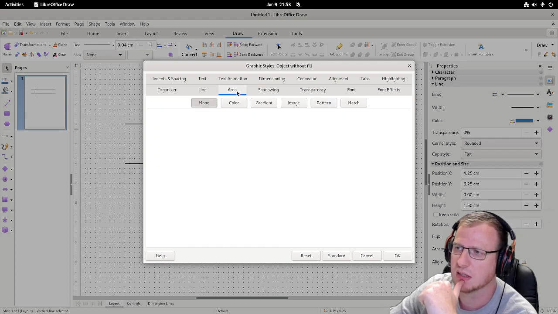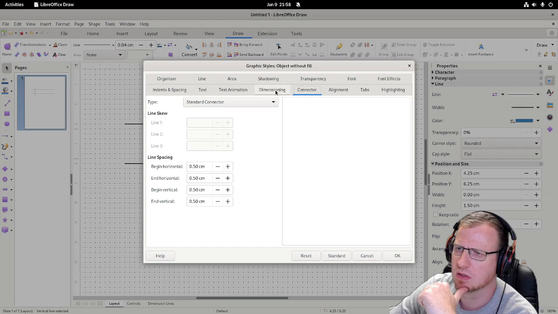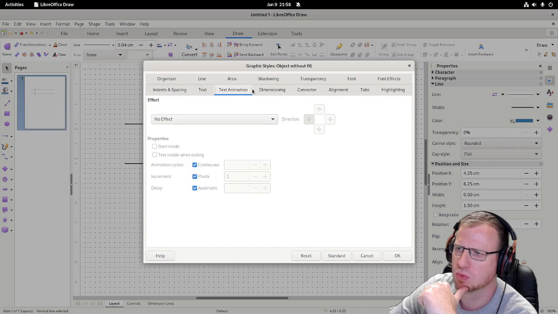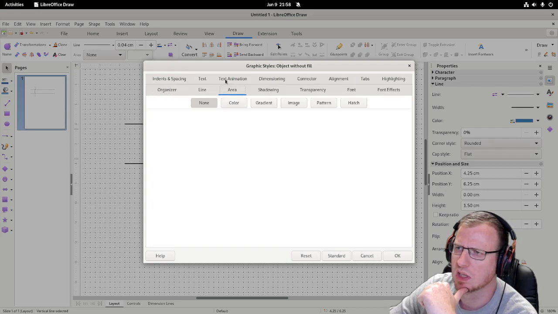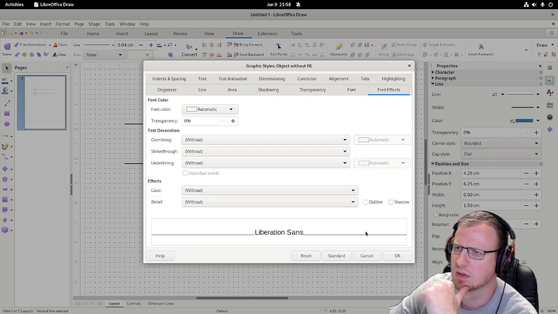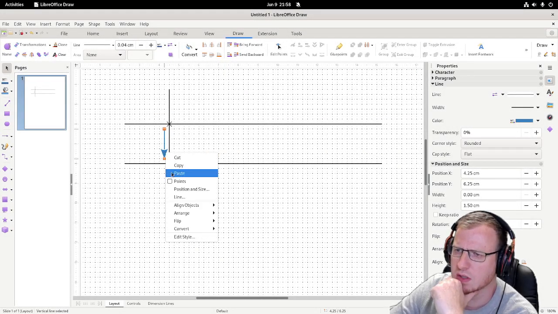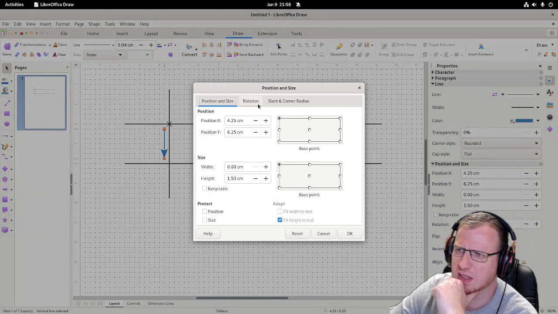The size of the arrowhead can be changed, but I forgot where. Connector, line, area, no. Font, no. Position and size.